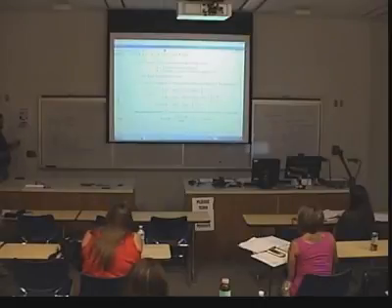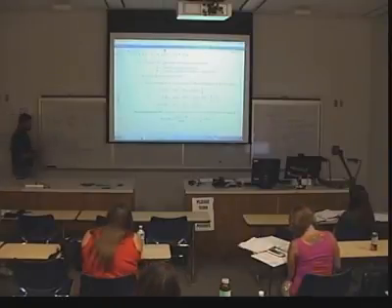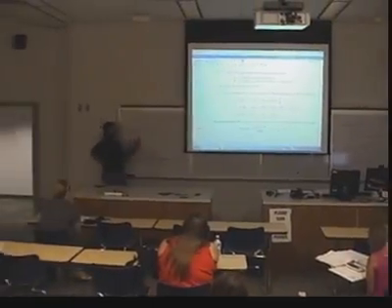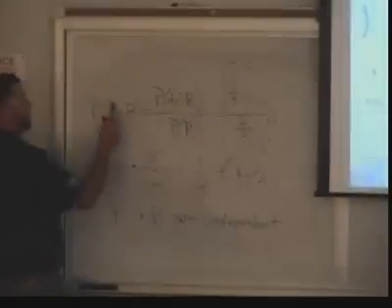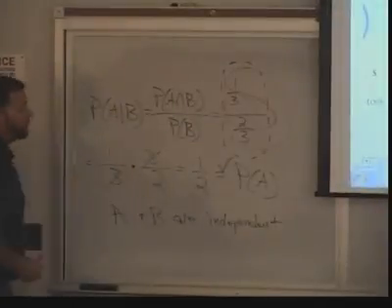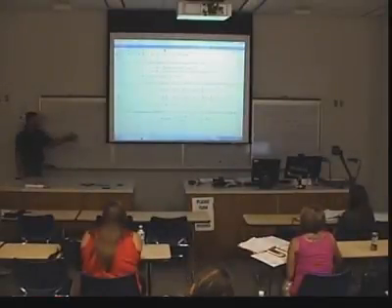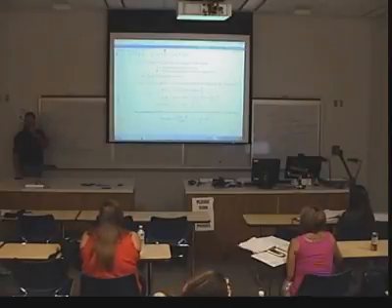Same thing. So since this conditional probability was equal to the probability of the first thing happening, these two events, A and B, are independent. If this would have been 1/3, then they wouldn't have been independent. They would be what's called dependent. Okay?